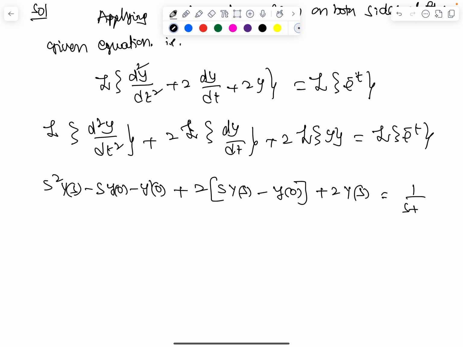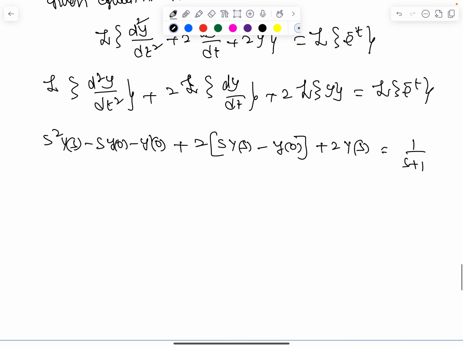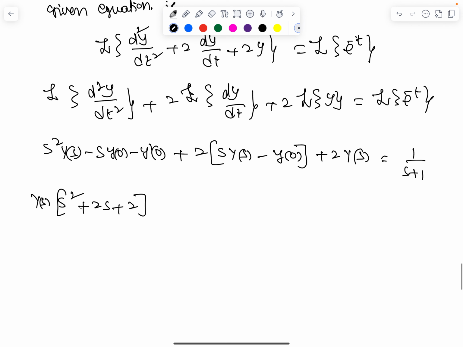Now, if you simplify, if you collect those Y of s terms, that is s square plus 2s plus 2. If you refer to this, it is almost matching, derivatives are replaced with polynomial forms.